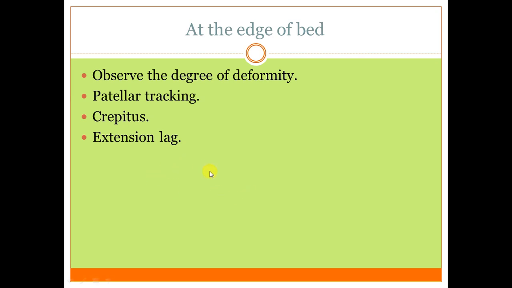For example, if he has genu varum, and when he sits there is no genu varum, this is mostly coming from the femur, and if it is little or decreased, mostly combined from the femur and the tibia. Then ask your patient to extend his knee to see the patellar tracking.